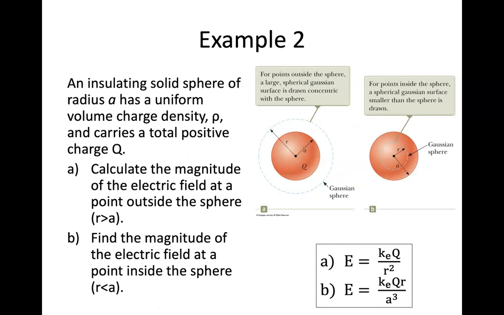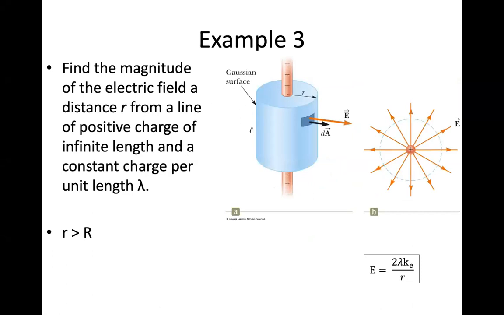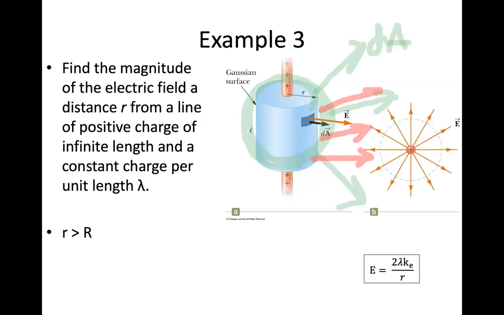How do I choose a Gaussian wisely? Just match the distribution. If my distribution is a cylinder, guess what I'm going to do with my Gaussian? Yep, a cylinder. Can I choose something else? Absolutely. I could choose a Gaussian that's a sphere, but then I've got a whole hot mess of my dA pointing in all random directions and not quite lining up with my electric field.